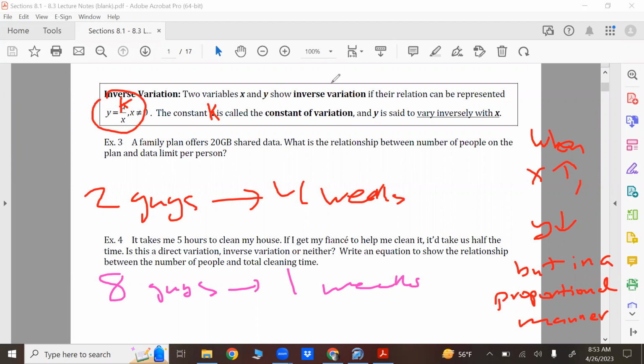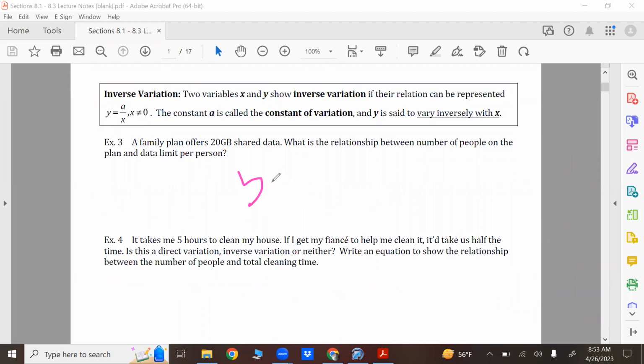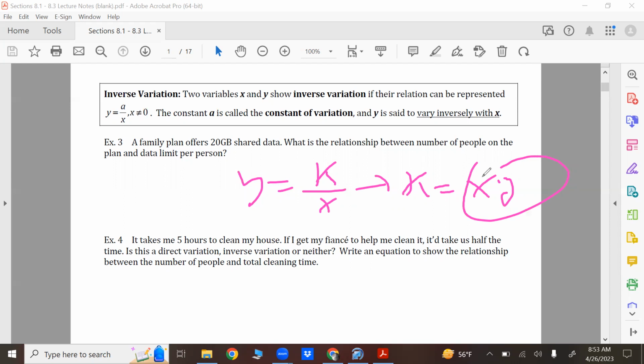Also, the fact that if you have y equals k over x, k would be x times y. So you need the product to be a constant. For example, 2 guys, 4 weeks, that's 8. 8 guys, 1 week, that's also 8.